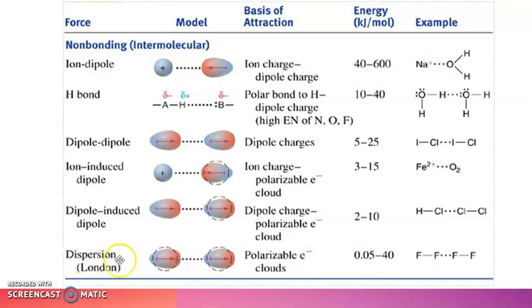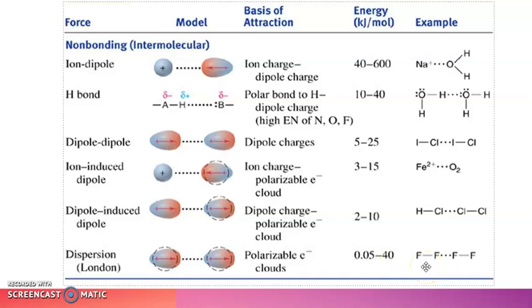And last, dispersion forces, also referred to as London forces, where both molecules are neutral, but when they come close together, they can develop polarity in one another. That is an induced dipole type of interaction, and they have the lowest bond energies in the range of 0.05 to 40 kilojoules.